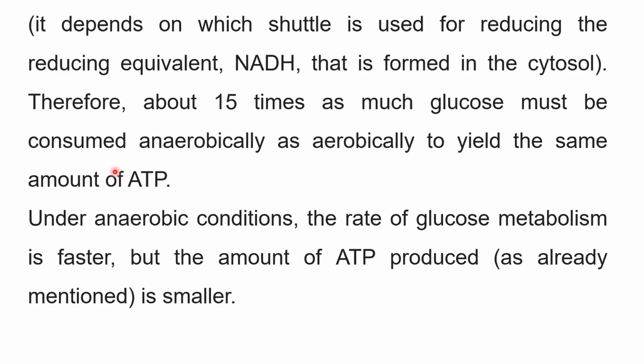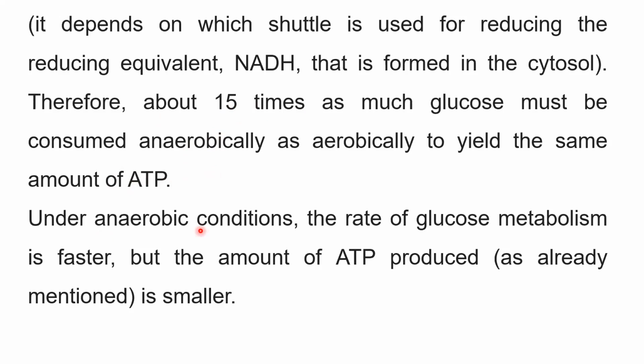So if you want the same amount of ATP, say 30 ATPs, 31 ATPs or 29.5 ATPs, you have to go for 15 times, 15 into 2 you will get 30 ATPs. Means for the same amount of ATP, 15 times it has to go anaerobically, and this is not feasible.